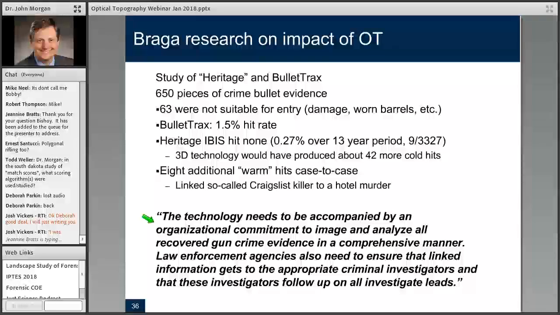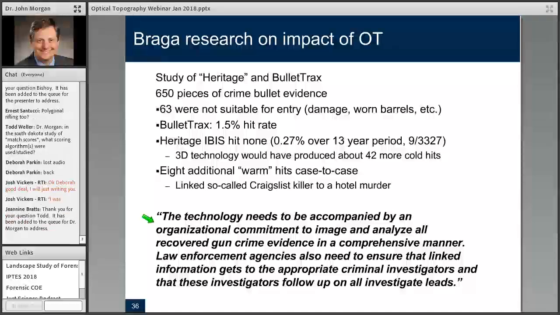To sum it up, the technology needs to be accompanied by an organizational commitment to image and analyze all recovered gun crime evidence in a comprehensive manner. Law enforcement agencies also need to ensure that linked information gets to the appropriate criminal investigators, and that these investigators follow up on all investigative leads.